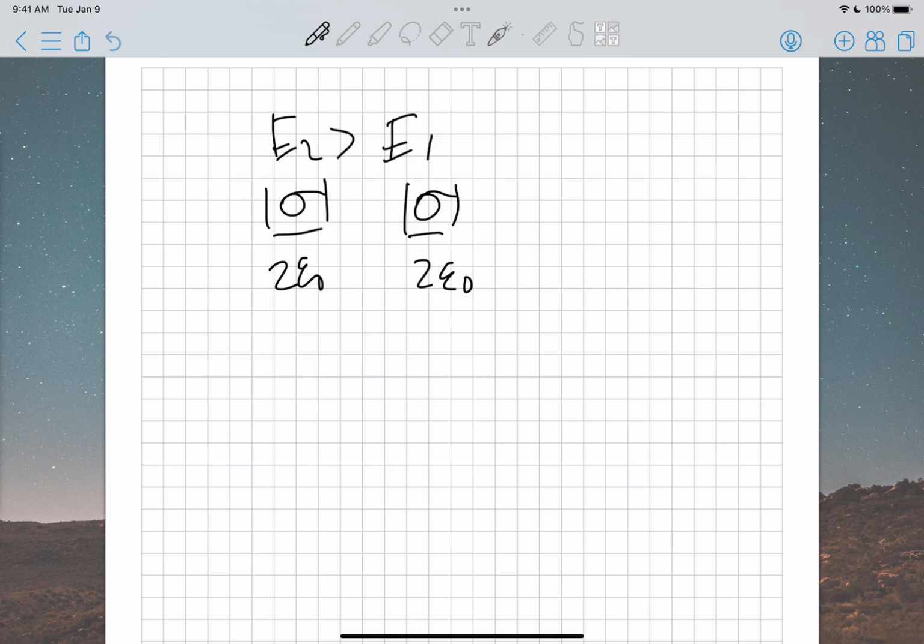Otherwise, if they were the exact same magnitude, then because one points upwards and one points downwards, they would cancel out, and then your electric field might be 0 at A and B. Does that make sense? Okay. Does that clear things up a little bit more about how to approach sheet charges?